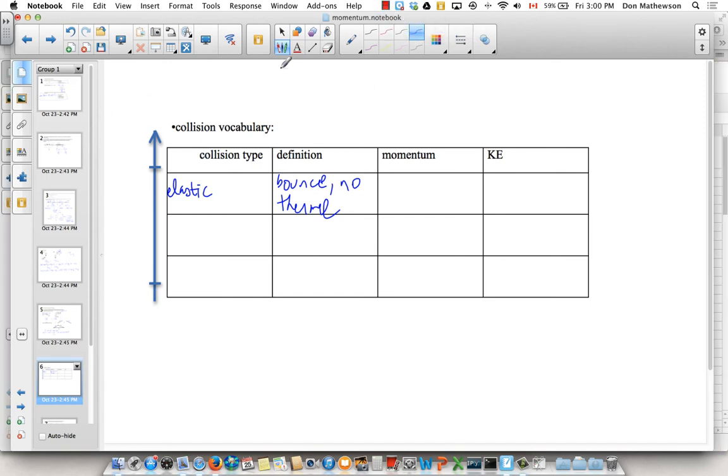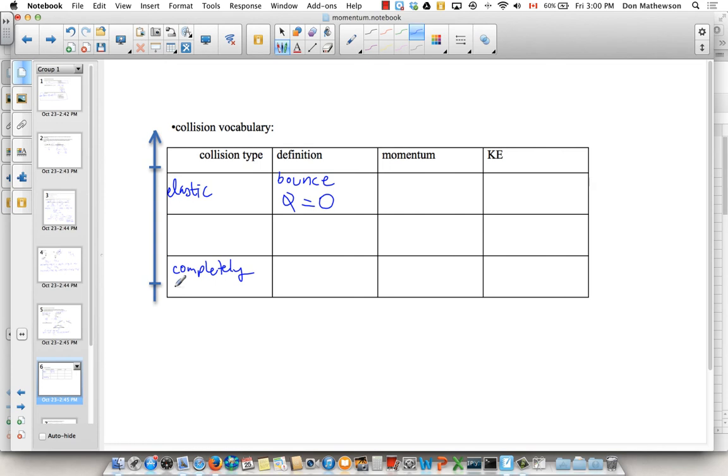Okay, so as I was saying before I was interrupted, in an elastic collision, the objects bounce off each other and there's no thermal energy produced in the collision. The other end of the spectrum down here is a completely inelastic collision.